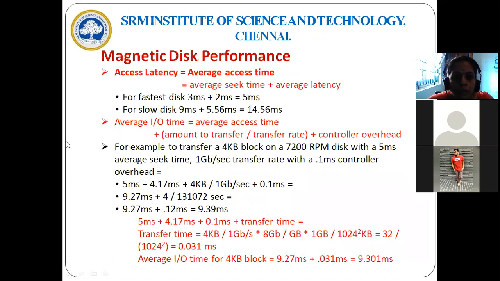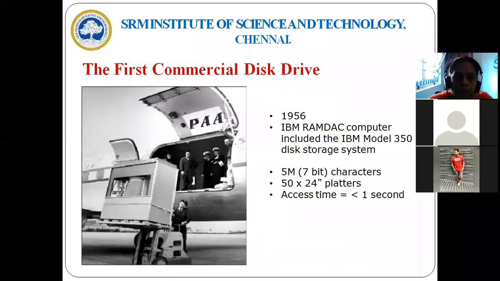And then we have to find out the performance. So this performance we will see while we are going for the disk scheduling algorithm. So this is your first commercial disk drive, which was manufactured in 1956, the IBM RAMAC computer, which included the IBM Model 350 disk storage system, consisting of 7-bit characters.